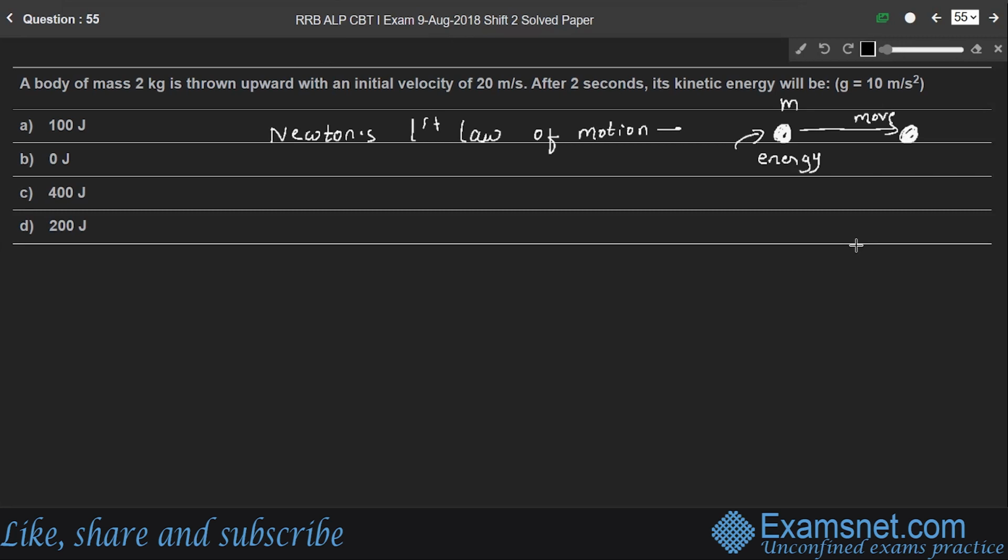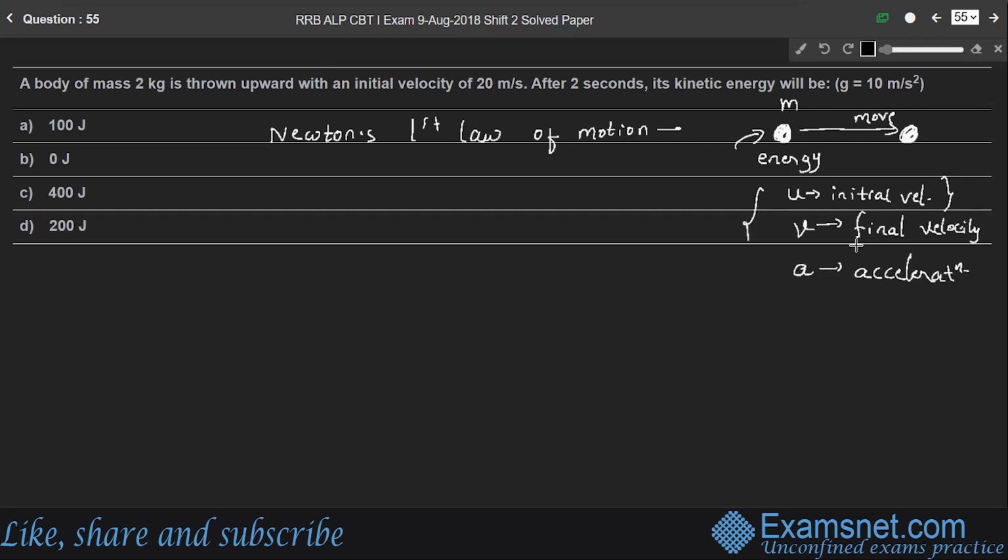So if u is the initial velocity of the body and v is the final velocity of the body, because of the change in velocity, the body has got some acceleration. Right?